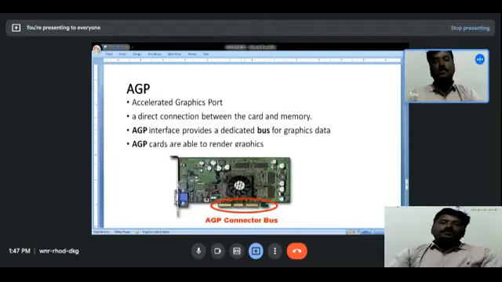AGP cards are able to render graphics, as it is generally meant for graphics rendering. The graphics card I can also call an animation card. There is a slot marked in red color, where you can see the AGP connector bus.